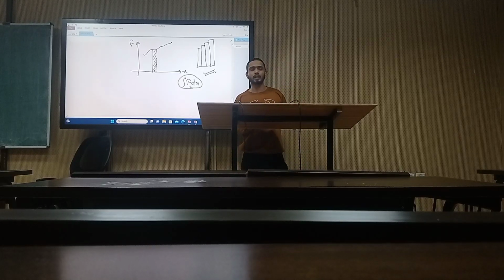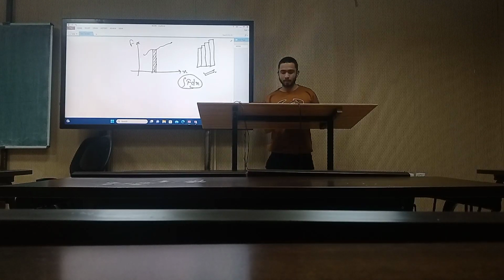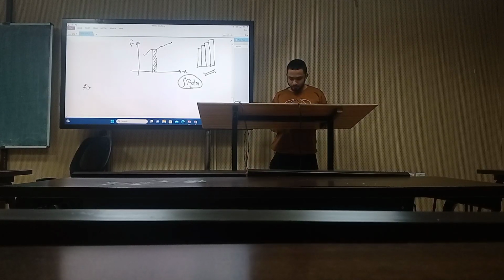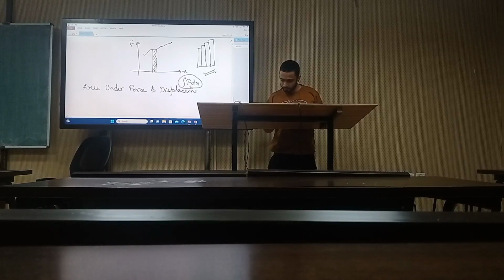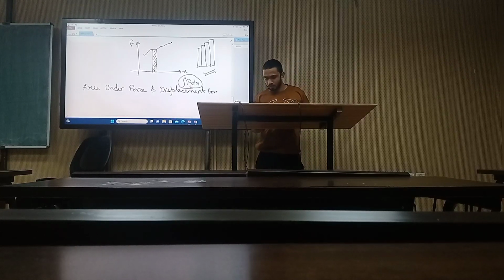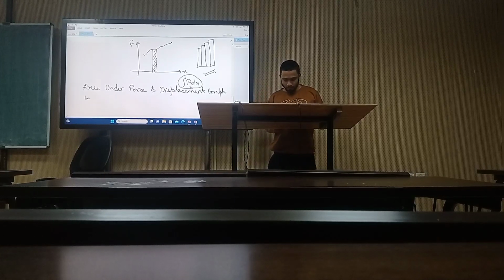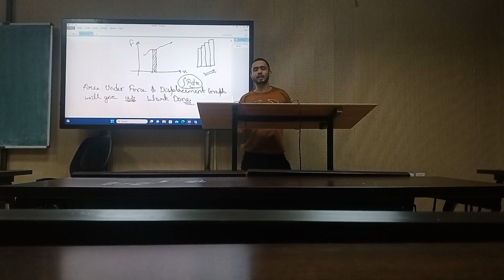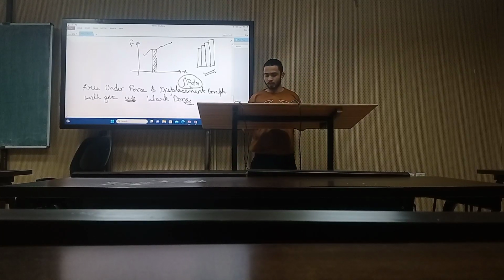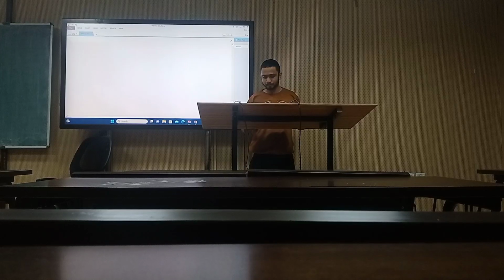The area under the force and displacement graph will give us the work done by any body. This is the graphical method of finding work done.